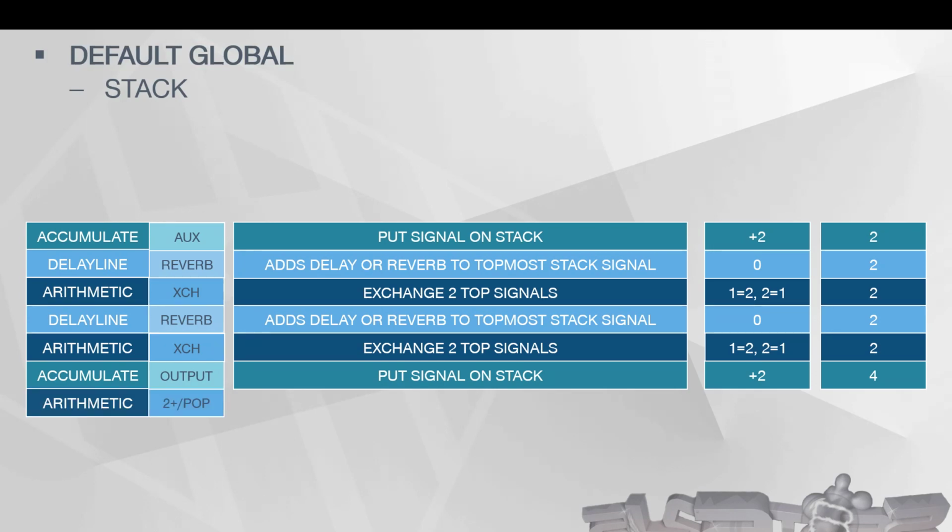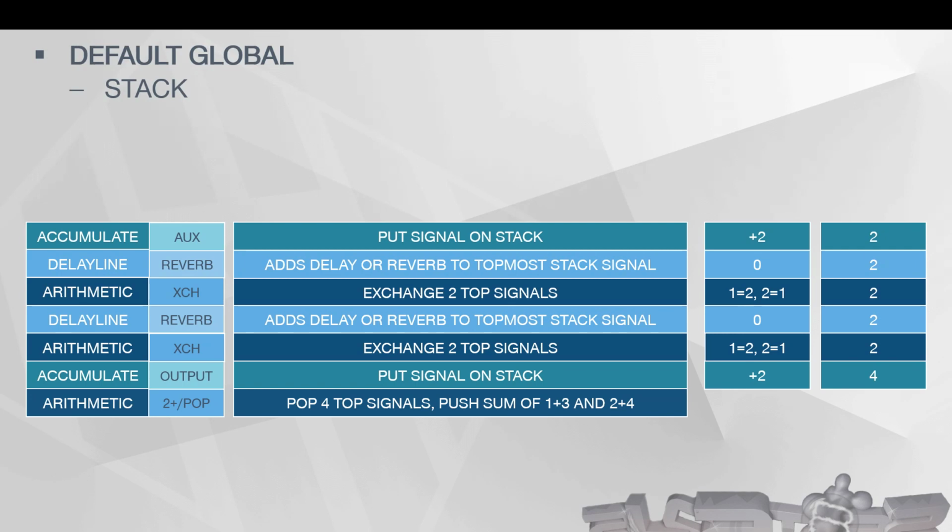And now we add these together and remove. So it will take away the 4 signals. It will push the sum of 1 and 3 and 2 and 4. That means, in this case, 1 would be the delay left channel from the first aux, and 3 would be the left channel from the accumulated output.